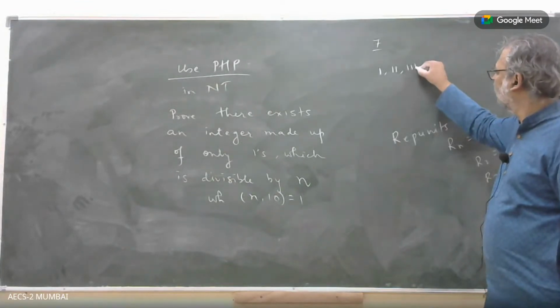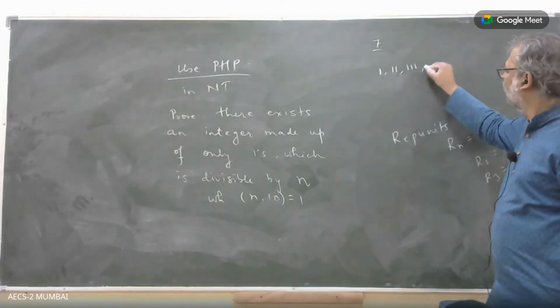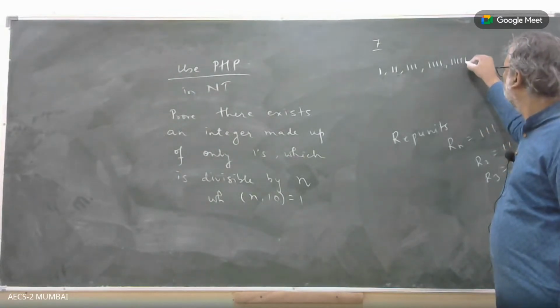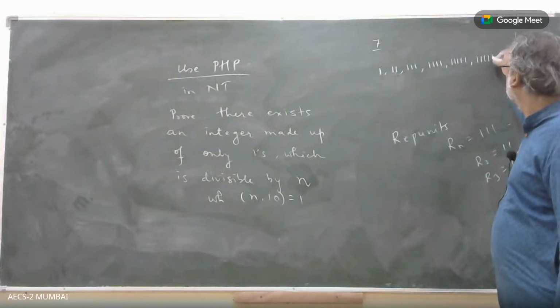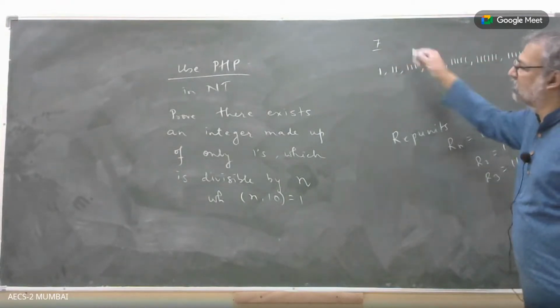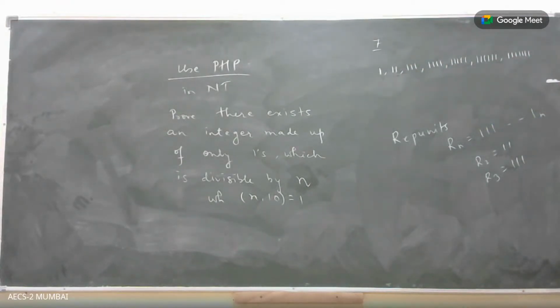Then consider the following numbers: 1, 11, 111, 4 ones, 5 ones, 6 ones, 7 ones. And I take one more than this because I want to use PHP: 8 ones.